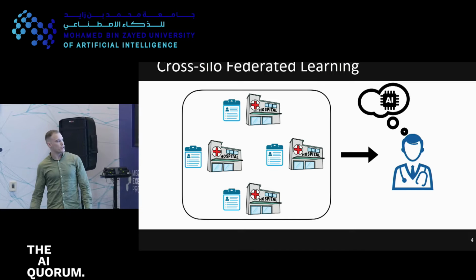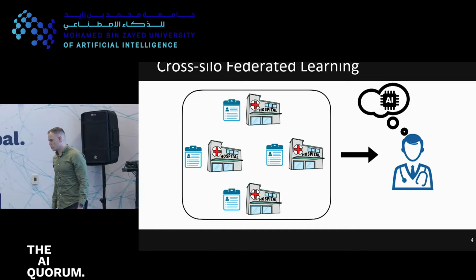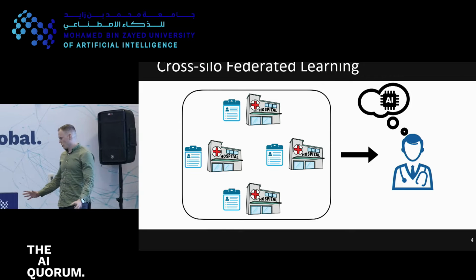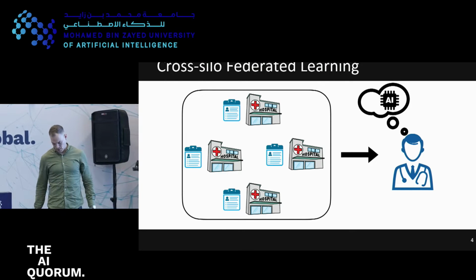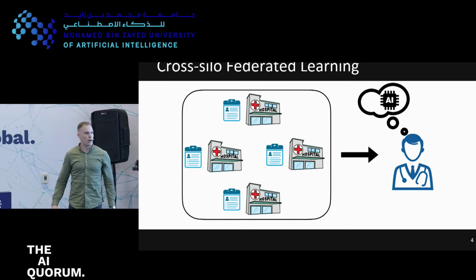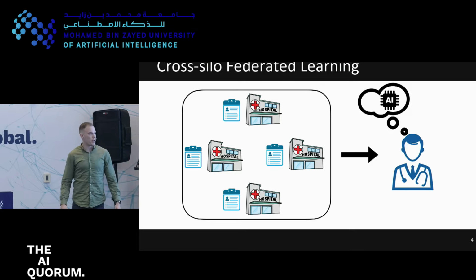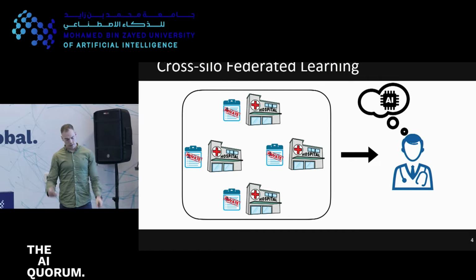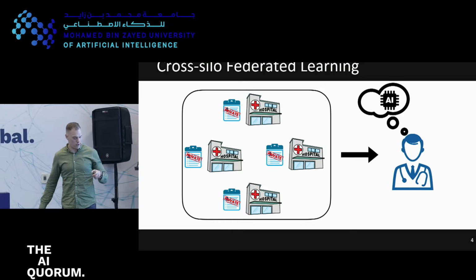As was already said, we consider a standard federated learning setup, whether that's cross-silo federated learning, where we have different institutions. You can think about hospitals that want to collaborate in order to have some intelligent agent to help you do the diagnosis. But they cannot directly share their data because this data might be private.